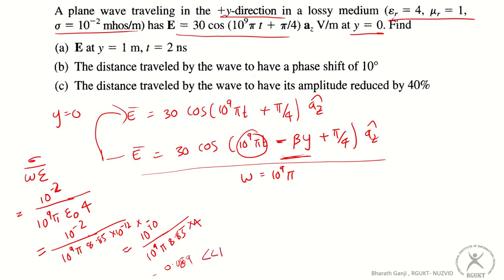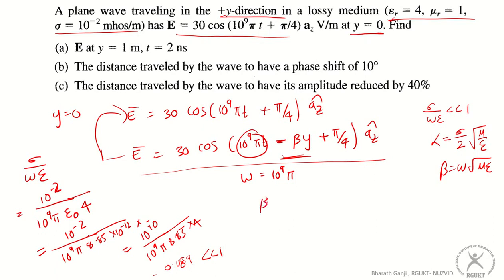So if sigma by omega epsilon is very much less than 1, then the material is a low loss material. For that material, alpha is given as sigma by 2 times square root of mu by epsilon, and beta should be taken as omega square root of mu epsilon. So if that is the case, let me try to calculate beta here.